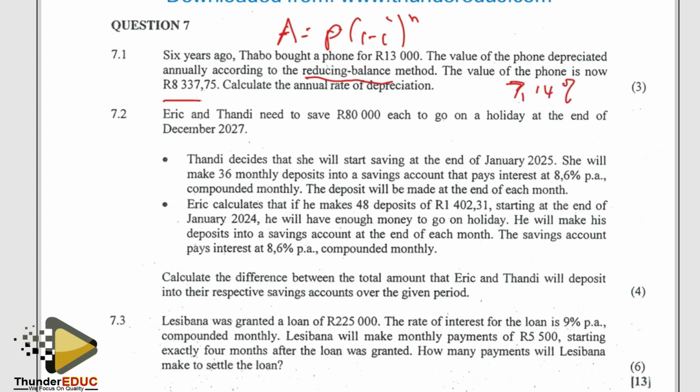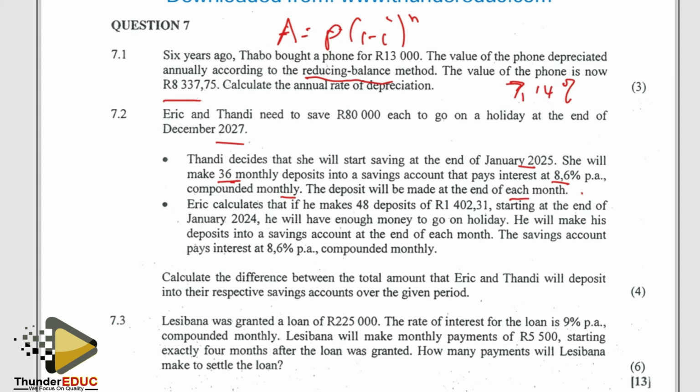Then 7.2. Eric and Tandy need to save 80,000 each to go on holiday at the end of December 2027. Tandy decides that she will start saving at the end of this year, or next year anyway. She will make 36 payments. The savings account pays this rate compounded monthly.